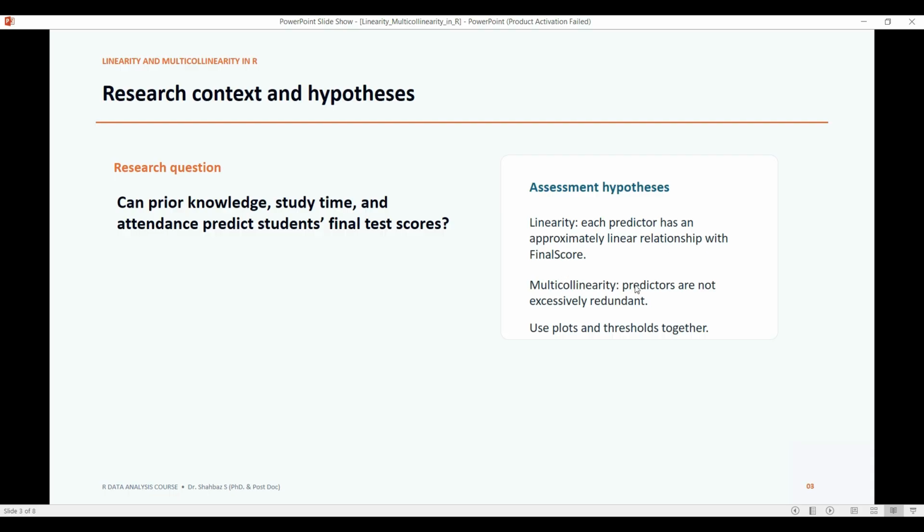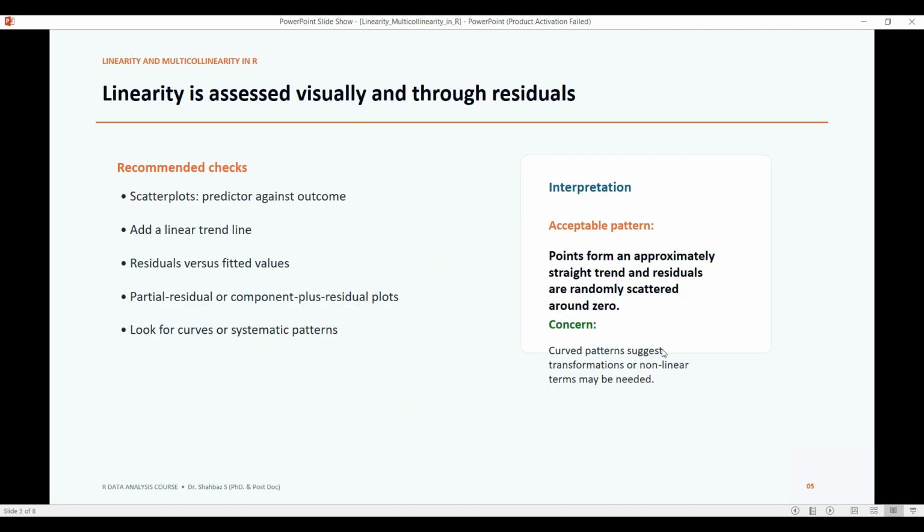And for multicollinearity: predictors are not excessively redundant. Use plots and thresholds together. So linearity is assessed visually and through residuals. We will check scatter plots of predictor against outcome, add a linear trend line, residual versus fitted values, and partial residual or component plus residual plots, looking for curves or systematic patterns.